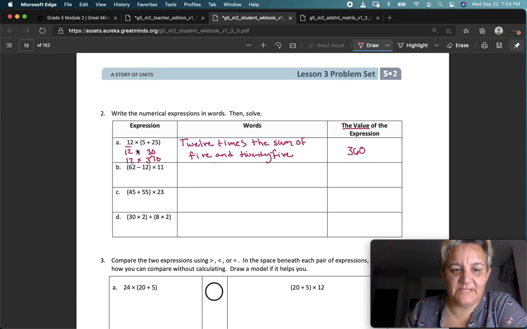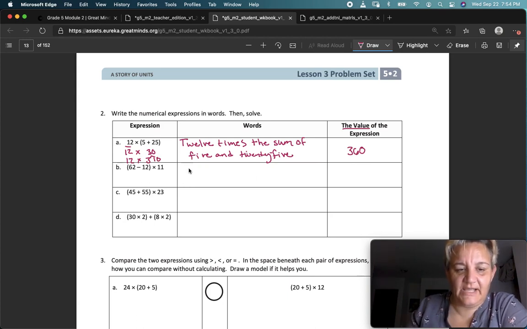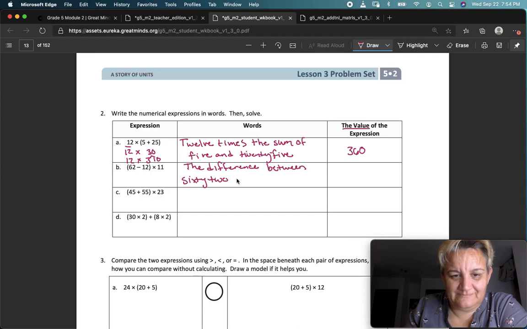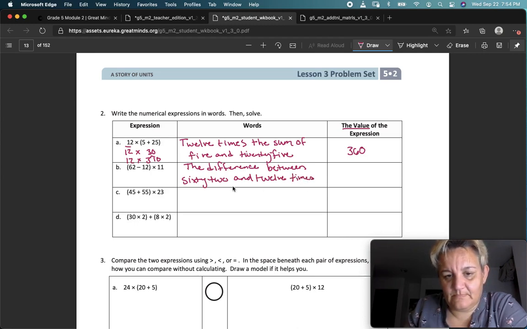Do you remember that from yesterday's assignment? Okay, so here we've got the difference, because of subtraction, between 62 and 12 times 11.